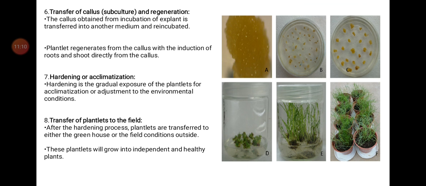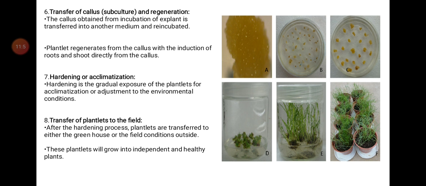Now, transfer of the callus and regeneration, which is also called subculturing. The callus obtained from the incubation of the explant is transferred into another medium and reincubated.